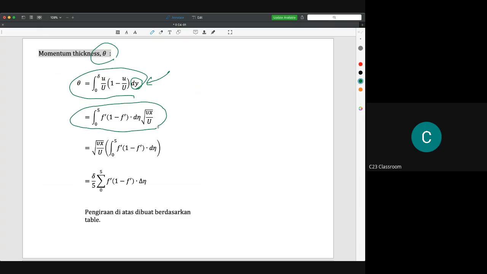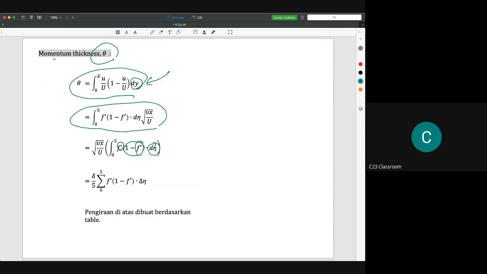So now we have the integral 0 to 5 of f prime times 1 minus f prime d eta. Here again, we do not solve this one by using the idea of normal integration. We must base on our data from our analytical calculation previously.